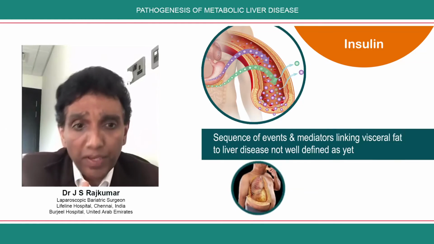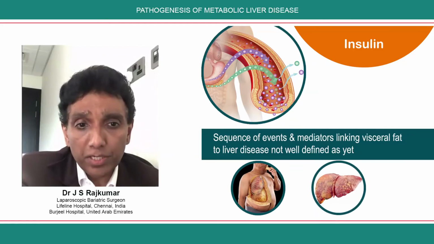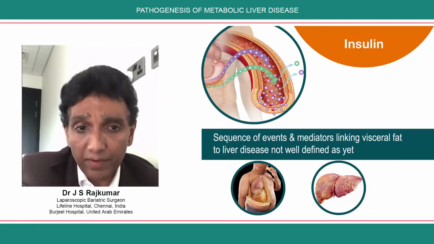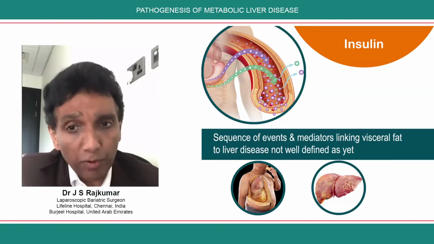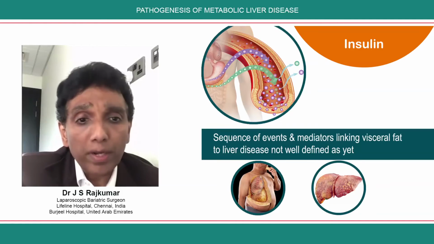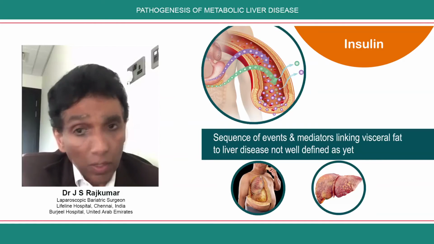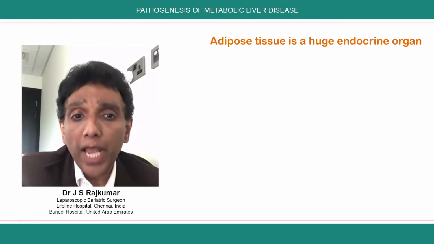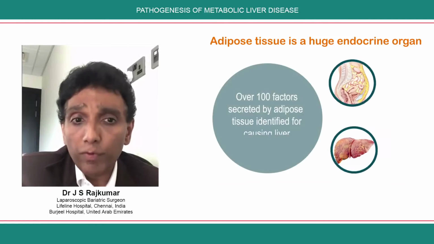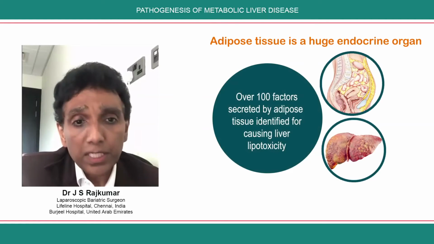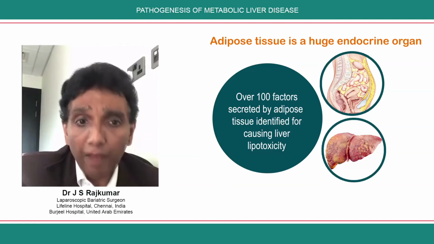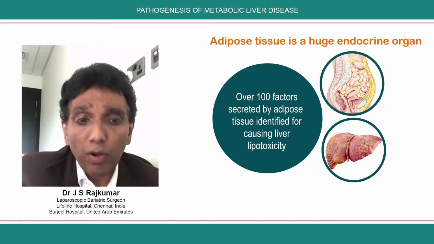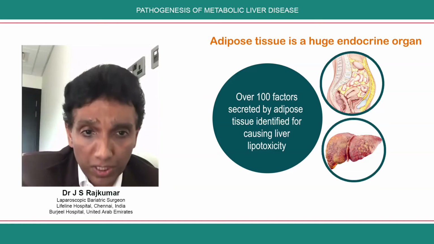The sequence of events and the mediators linking visceral fat to insulin resistance and liver disease progression, unfortunately, aren't quite well defined as yet. What is clear is that adipose tissue is a huge endocrine organ, and over 100 factors secreted by adipose tissue have been identified as potentially responsible for liver lipotoxicity.